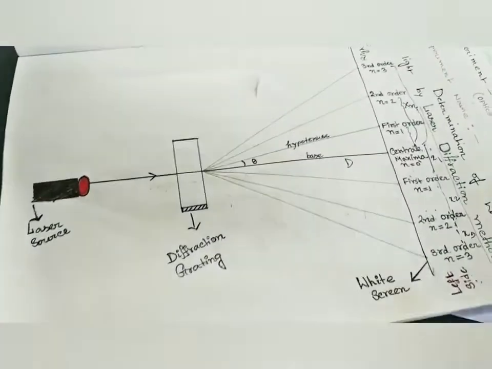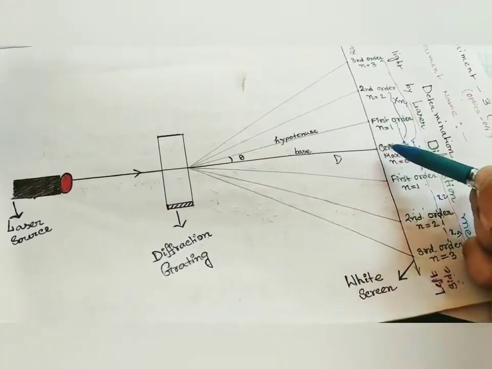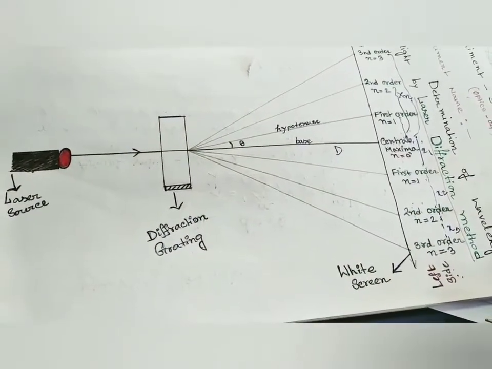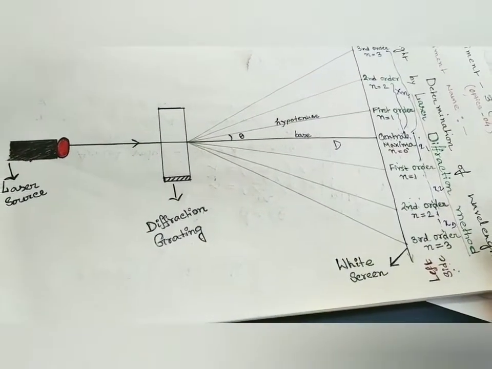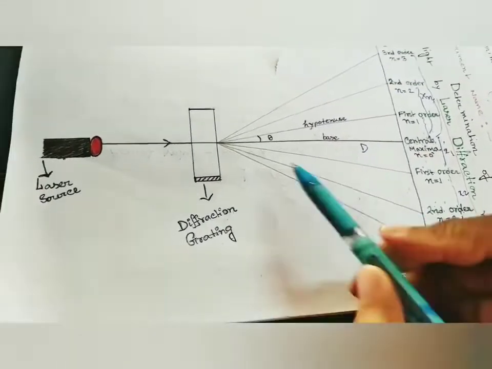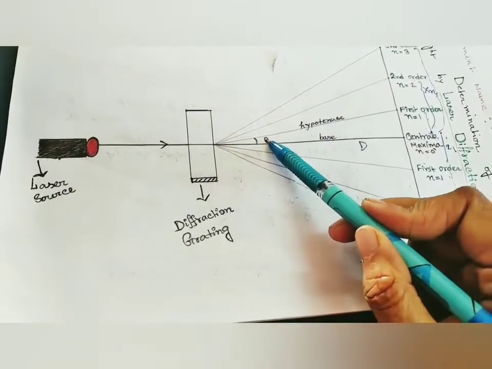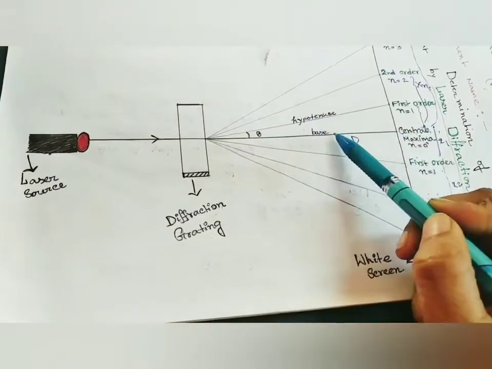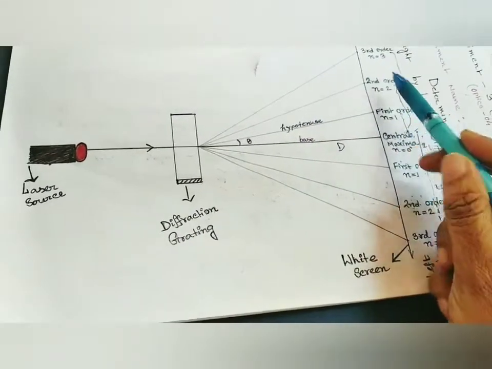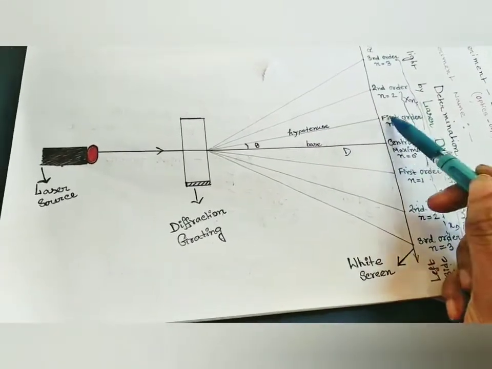Here we can see the formula is d sine theta equals small n lambda, where small n is the order number and lambda is the wavelength. What is the value of sine theta? Considering this theta, this is the base, this is the hypotenuse, and this is the perpendicular.